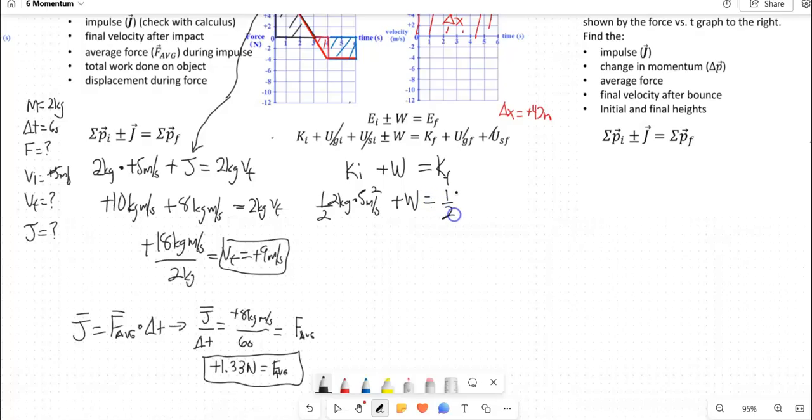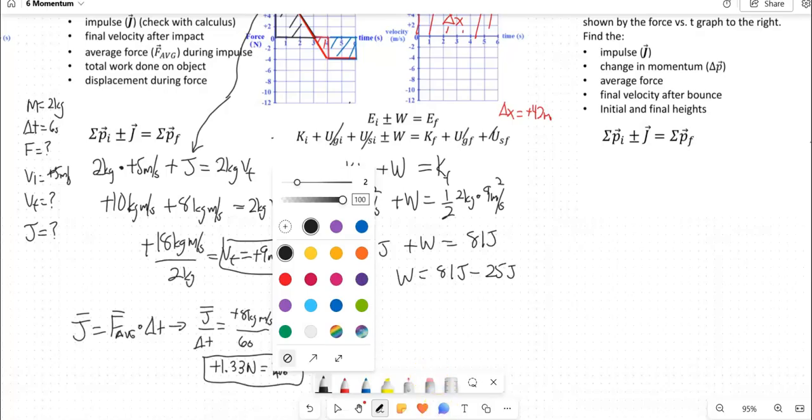And this would be 1/2 times 2 kilograms times 9 meters per second that we're going to end up squaring. So this is going to be 25 joules plus work is going to be equal to 81 joules. So work is going to be equal to 81 joules minus 25 joules.